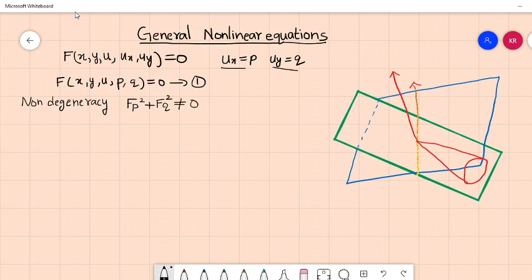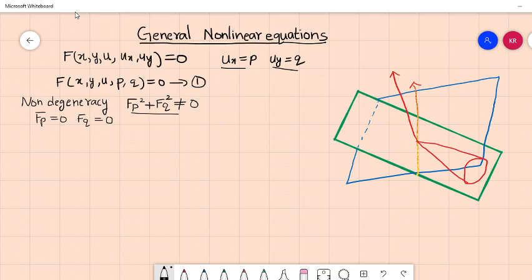Then both f_p and f_q must be 0. It means that the partial derivatives with respect to p and q are 0, and hence the order is again 0th order. It is not a first order equation. So to ensure that equation 1 is a first order PDE, both derivatives f_p and f_q should not vanish simultaneously.